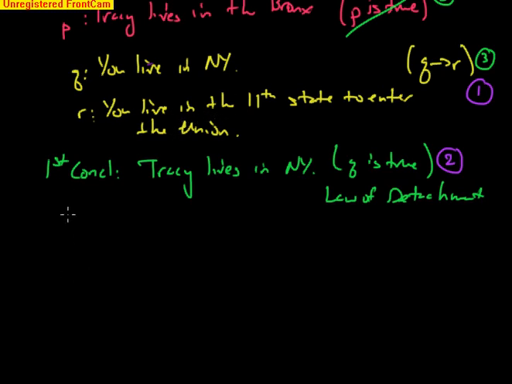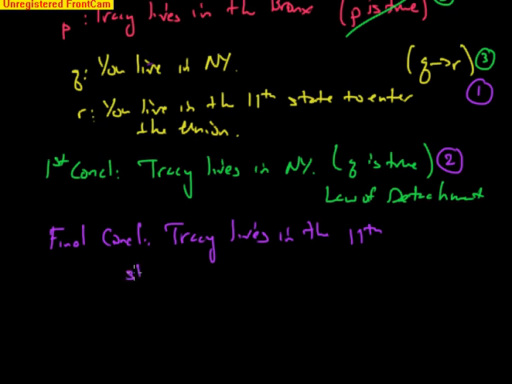R is going to be true. This conclusion is going to be true. So my final conclusion is that, yes, Tracy lives in the 11th state to enter the Union. This is R is true.